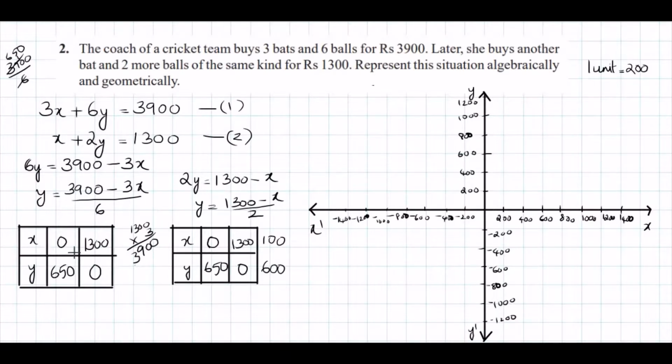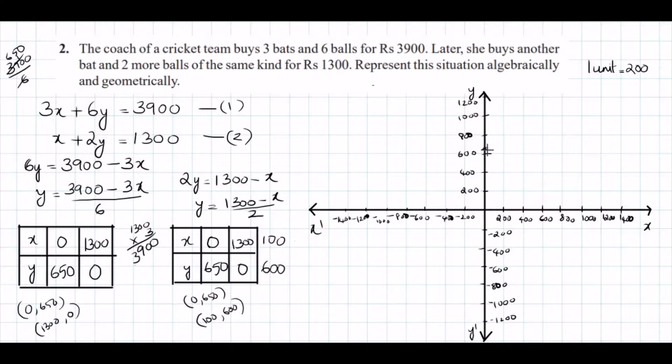Now plot all the values like this. Let's plot the coordinates. The solutions are (0, 650) and (1300, 0) for the first linear equation, and (0, 650) and (100, 600) for the second equation. I am not taking the same value, I will take this value. Now plot in the graph. So (0, 650): x is 0 and y value is 650. 700 is here, so 650 will be somewhere here.